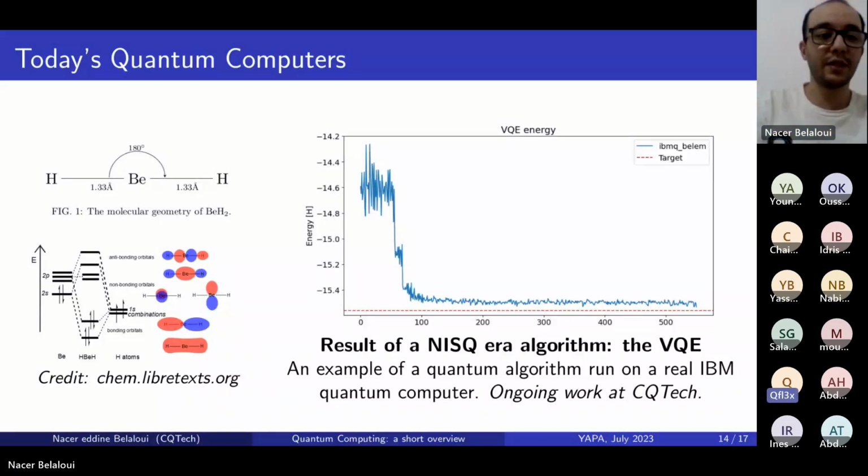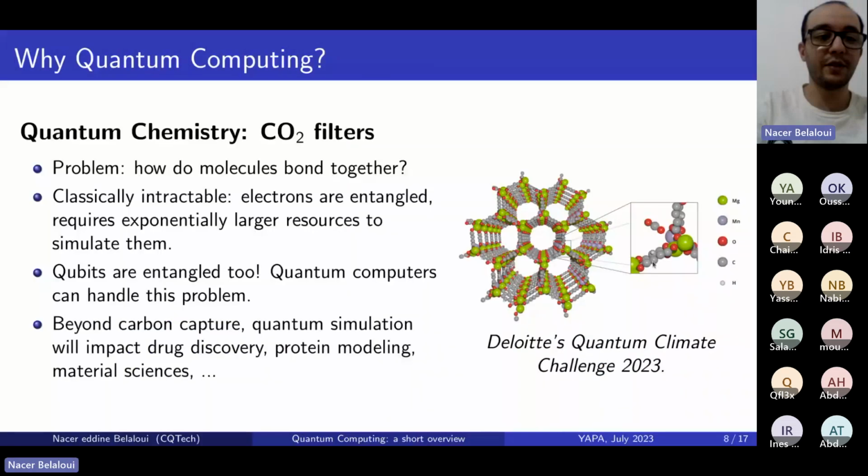Yes, for now, we have to simplify the problem. If there were ways to reduce the number of necessary qubits and solve the same problem, that would be an amazing, Nobel Prize winning, world changing result. But for now, we don't.